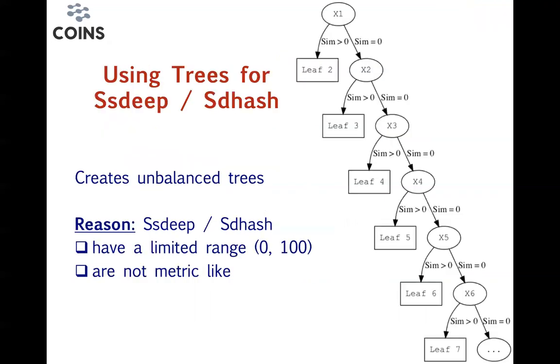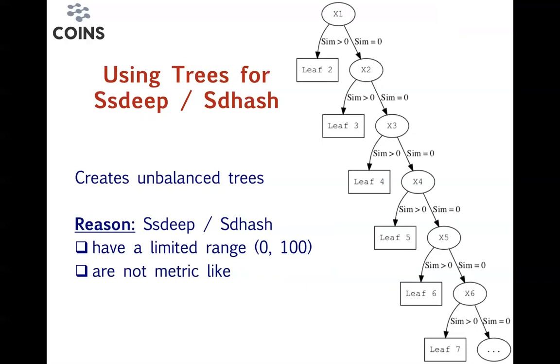Now let's look at these alternative criteria. SSDeep and SDHash don't have metrics. What we see is a typical tree that would be constructed if we try to apply this methodology. It creates an unbalanced tree. The reason for this is that the similarity measure goes from 0 to 100.